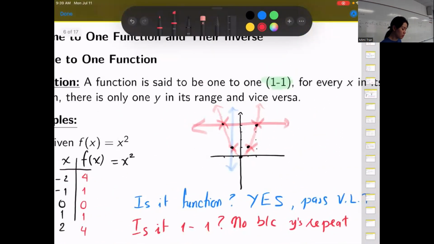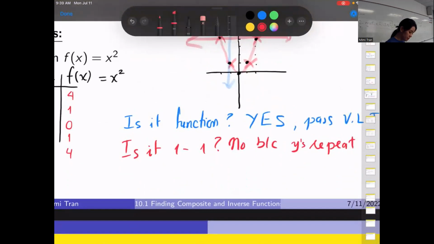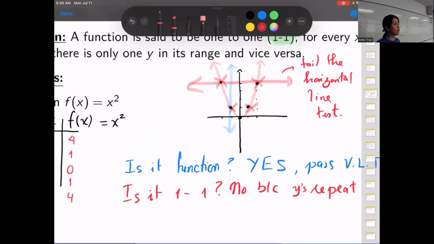But every time you draw a horizontal line, it cuts twice. So we call this the horizontal line test. Again, just like the vertical line test, it's not supposed to pass through the graph two times or more.